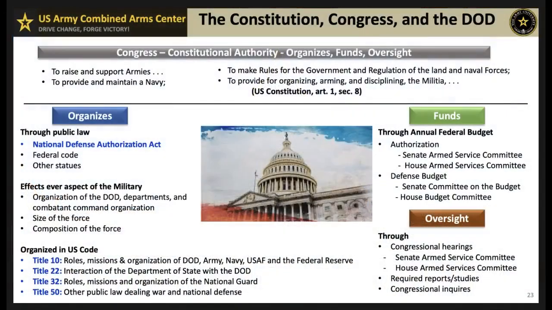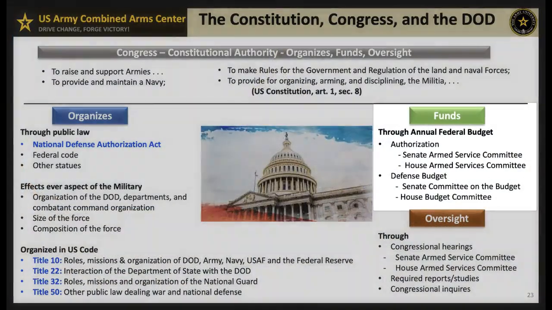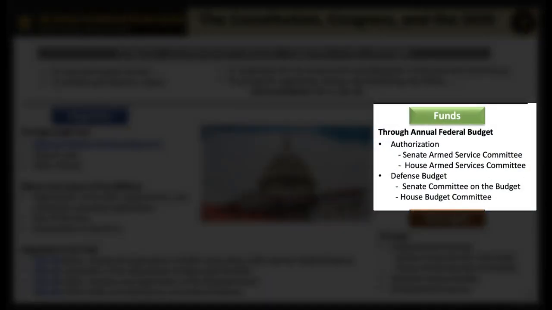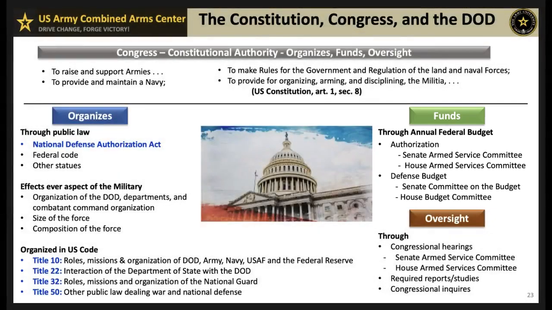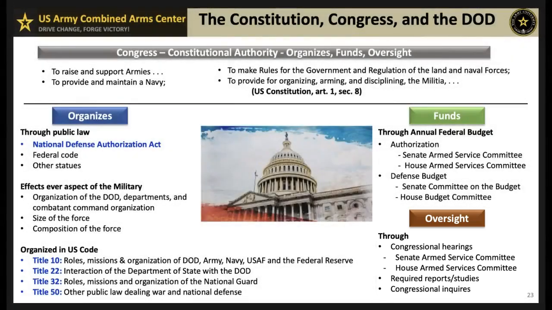Funding is provided through the annual federal budget process with authorization and budget committees in both the Senate and House overseeing appropriations. Oversight is conducted through congressional hearings, required reports, and inquiries, ensuring accountability and alignment with national defense objectives.